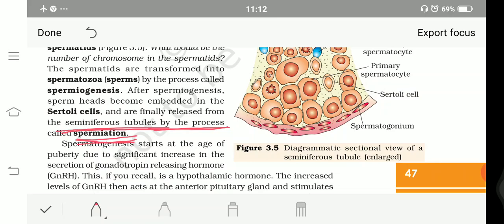This process is significant because at the age known as puberty, people start releasing one basic hormone known as gonadotropin releasing hormone.